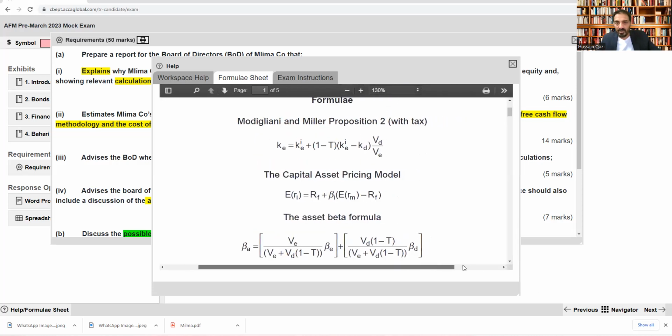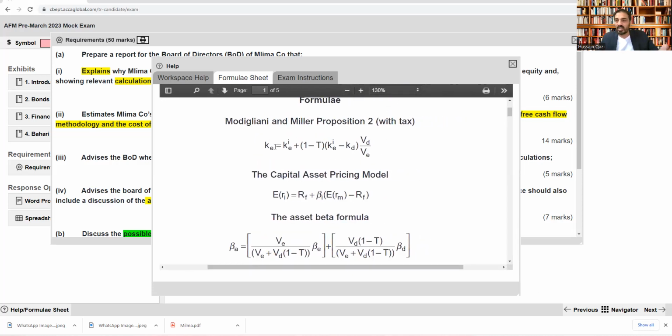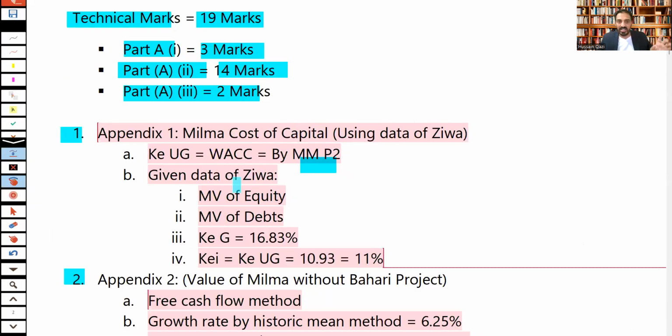But what are the components required here? You require KE ungeared, so you want to calculate KE ungeared. First you need KE geared, tax rate, debt value, equity value. It's very simple. Number 1, KE geared is given in the question.